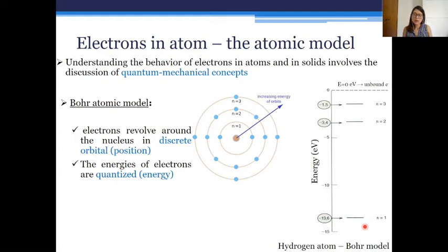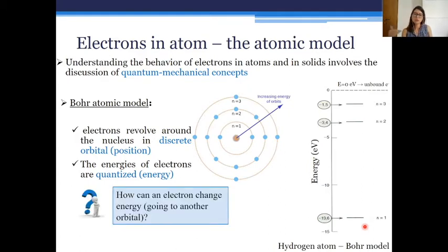Electrons may change from one orbital to another only if they absorb energy of specific value. So if here I have an electron that is not represented, we could also represent it on this energy level, energy state.